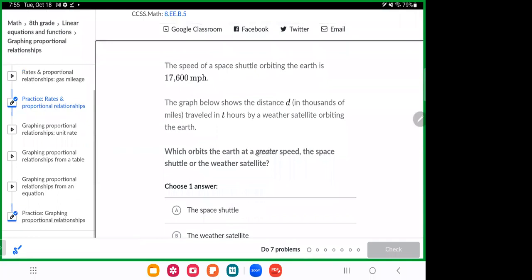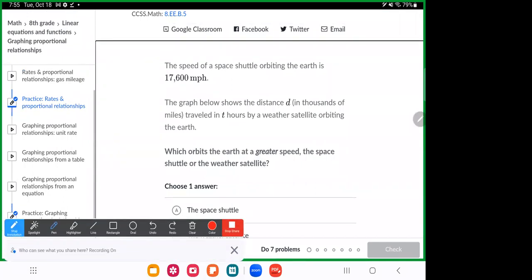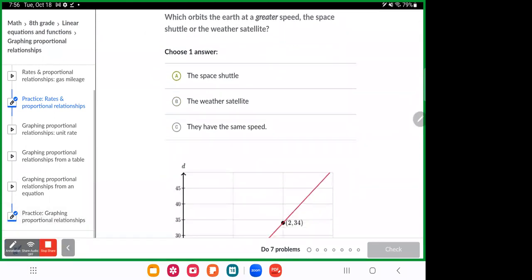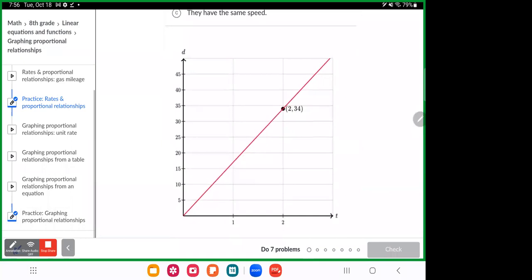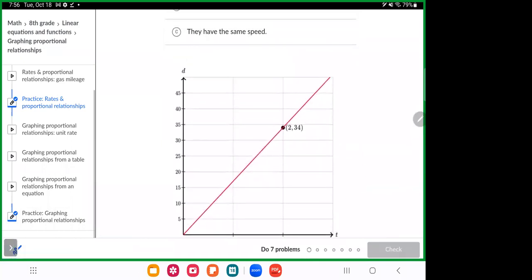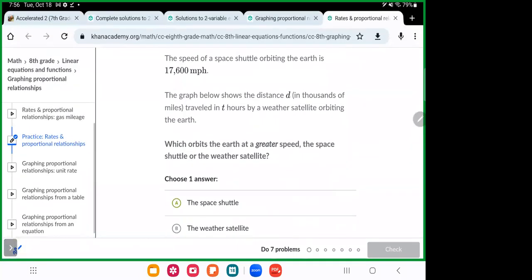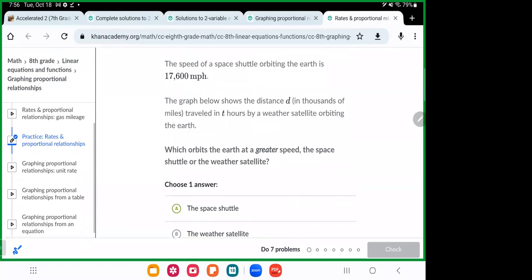Which orbits the Earth at a greater speed, the space shuttle or the weather satellite? So let's see. Space shuttle speed is there. That's the space shuttle. And we got a graph. Where's the graph? Here it is. 2, 3, 4. And then that one is 17.